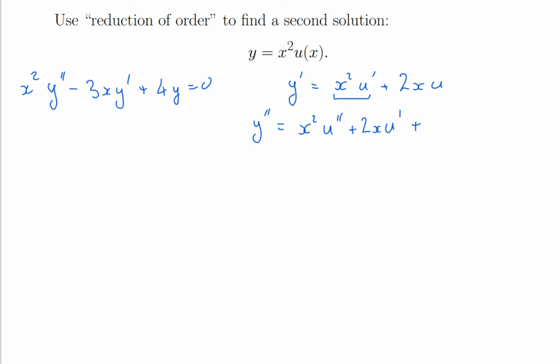Now move on to the second one. First term times the derivative of the second term, I'm calling this the first term here, plus the derivative of the first term times the second term.